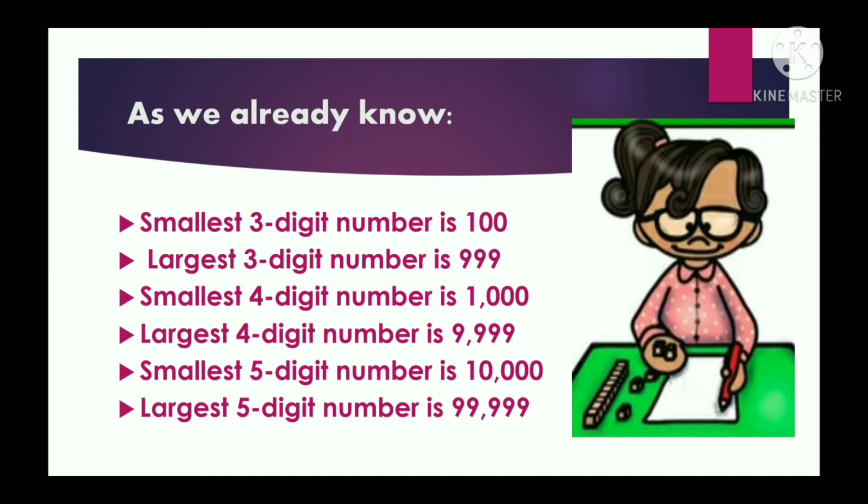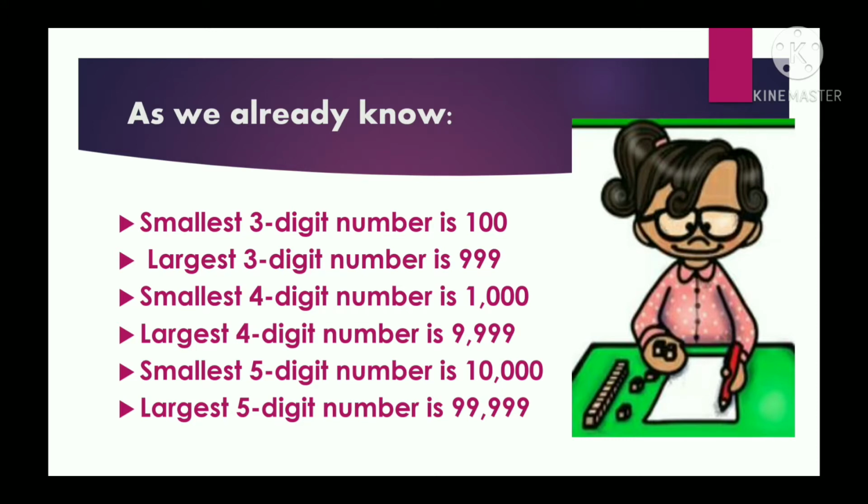The smallest 3 digit number is 100 and the largest 3 digit number is 999. Similarly, the smallest 4 digit number is 1000 and the largest 4 digit number is 9999.